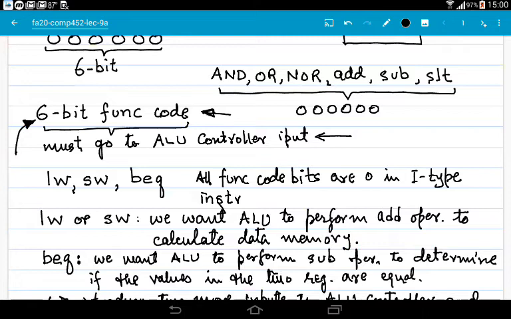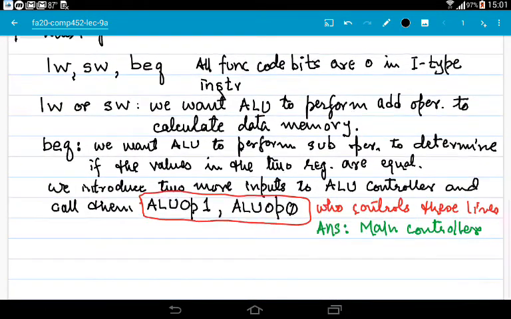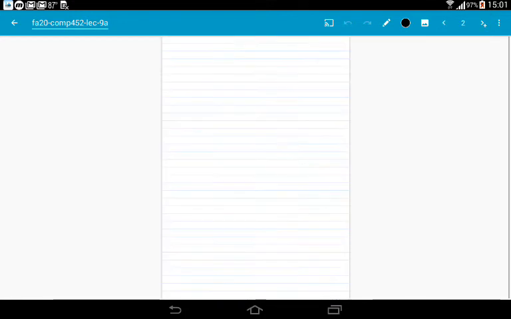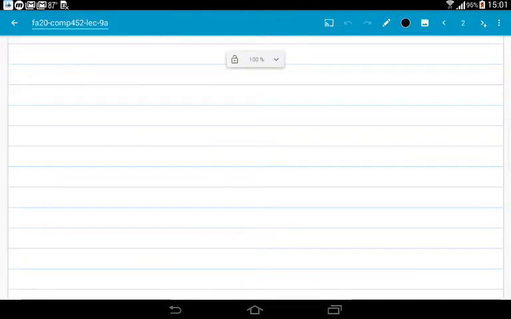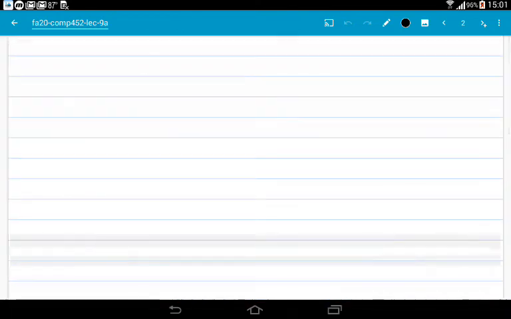Okay, so with this, now we are in a good position to move further. Actually, we have run out of the first page, so let's go to the next page and set the zoom to 100%. Let's lock the zoom.